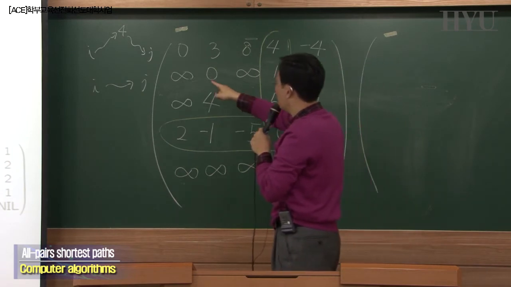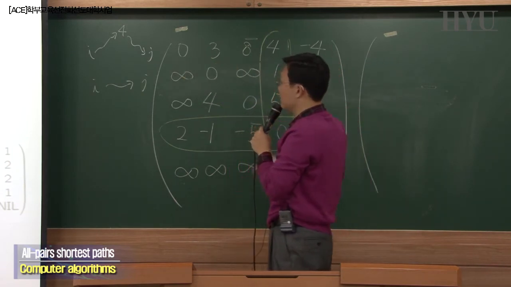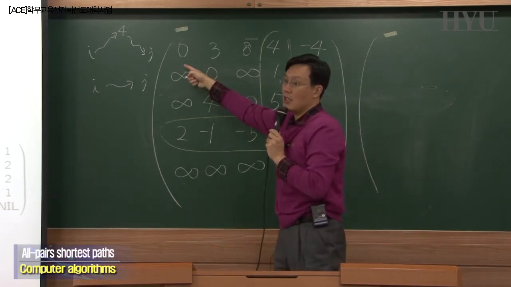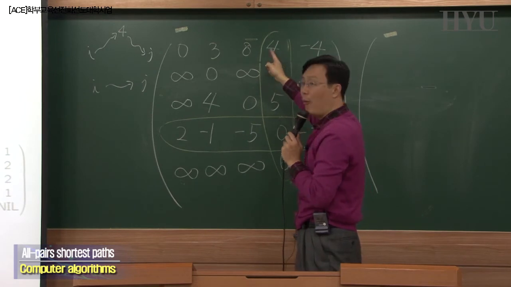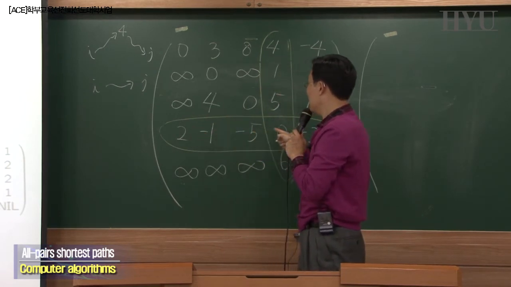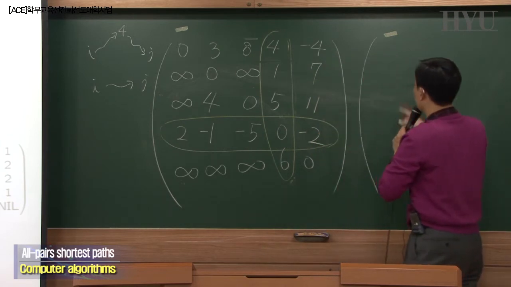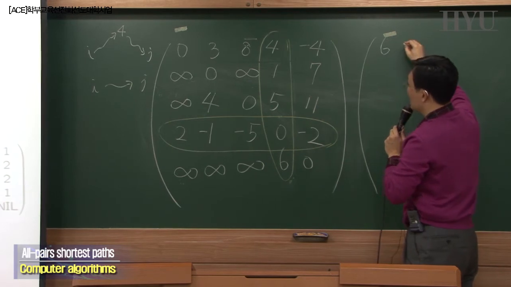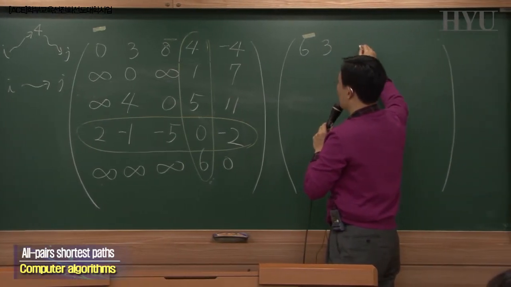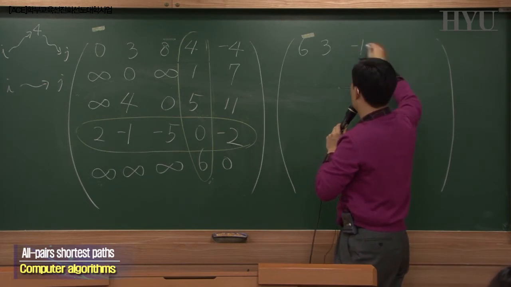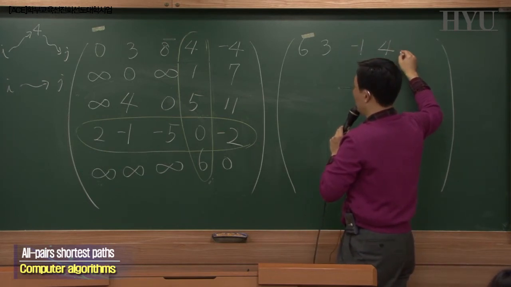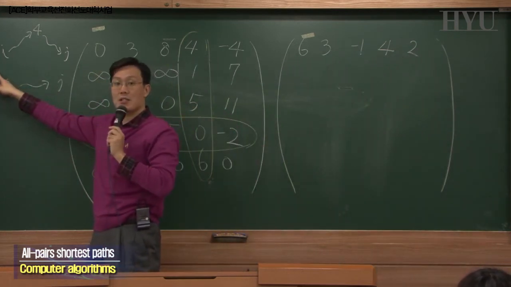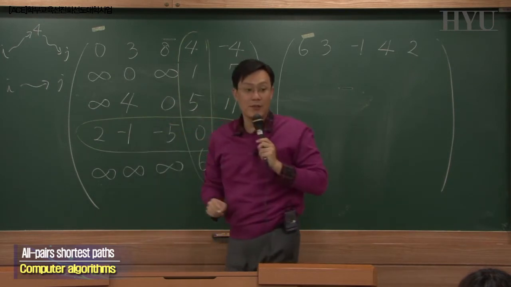And then let's try the first row. The first row is calculated by adding 4 to these values. 4 plus 2 is 6, 4 minus 1 is 3, minus 1, 4, 2. So we calculated this for all the values in the first row.